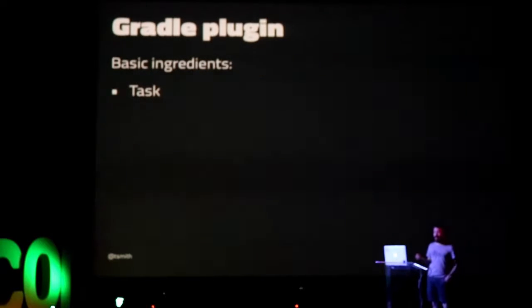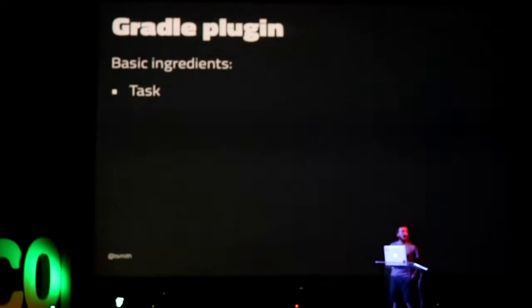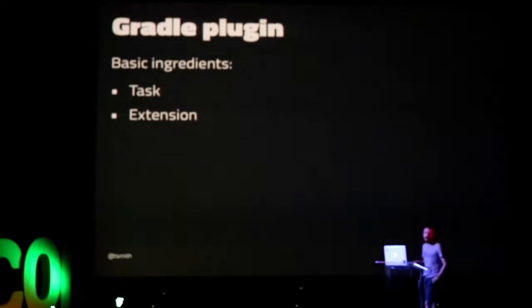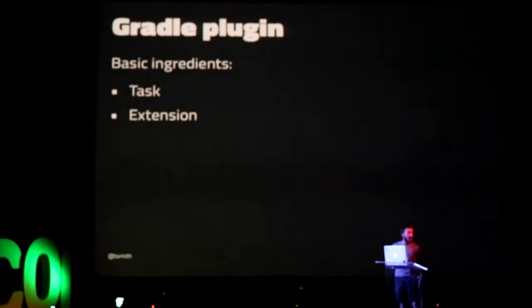Now, the Gradle plugin has three basic ingredients. The first is the task. And it's typically used to represent an action that's triggered from either the command line or another dependent task that you have defined in your build script. You can also extend the project object for various things.